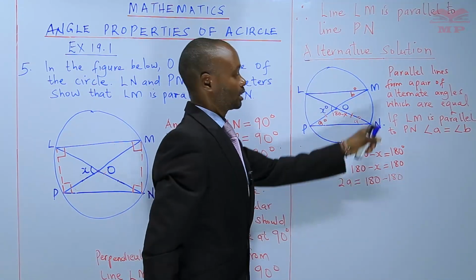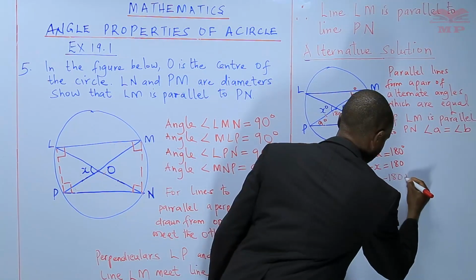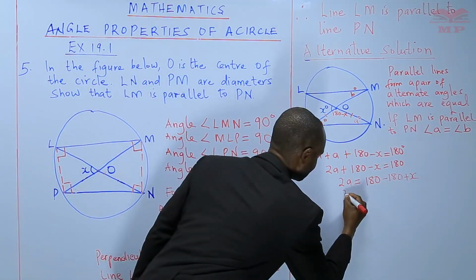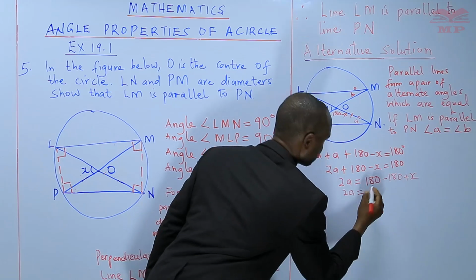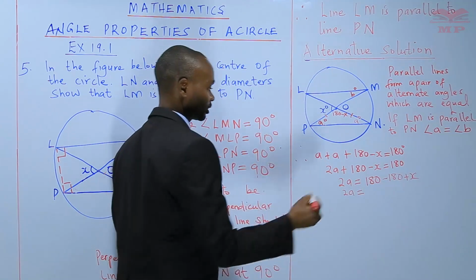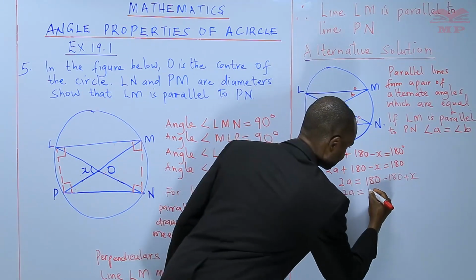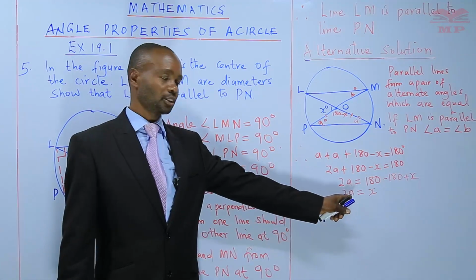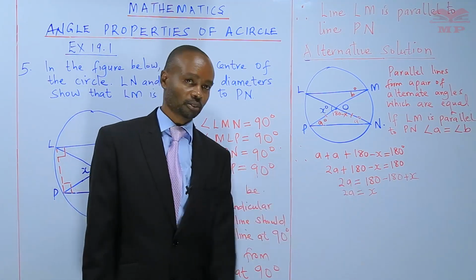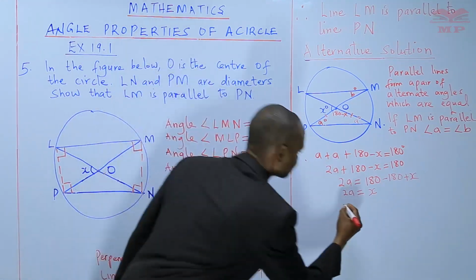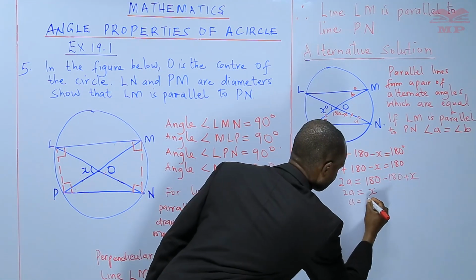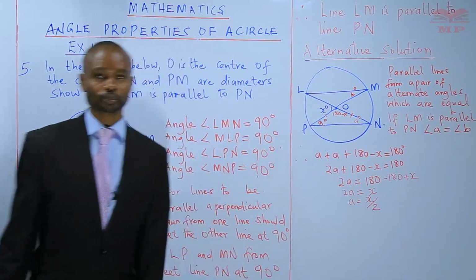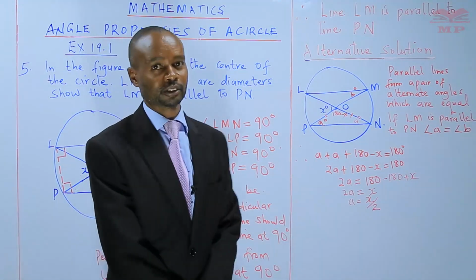This is a negative; take it to the other side of the equation, it becomes a positive x. So 2A is equal to 180 minus 180, you get 0, then you remain with x. To get the value of A, I'll divide by 2 on both sides. So A will be equal to x divided by 2.